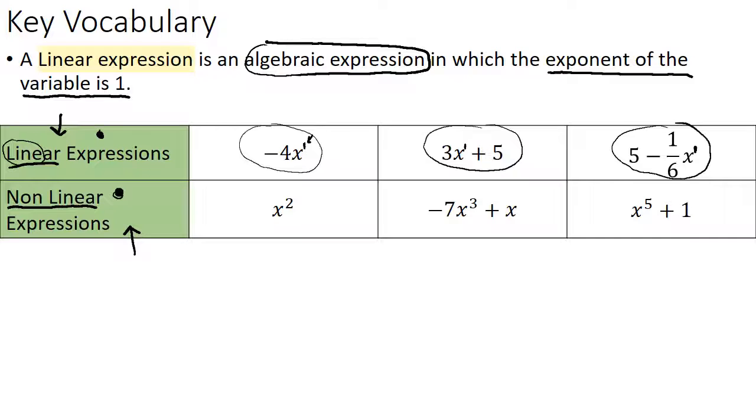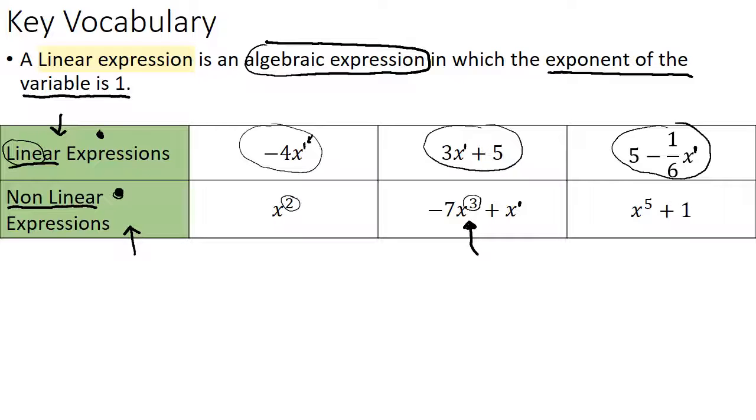As we look at the nonlinear expressions, what we can see is we have an exponent of 2 here. Since 2 is not 1, that means that it cannot be linear. Here we have x to the third power, and here we have x to the first power. Well, what we want for a linear expression is that our variable is only to the first power. So as soon as we have that same variable raised to a power other than 1, that means that it's no longer linear.